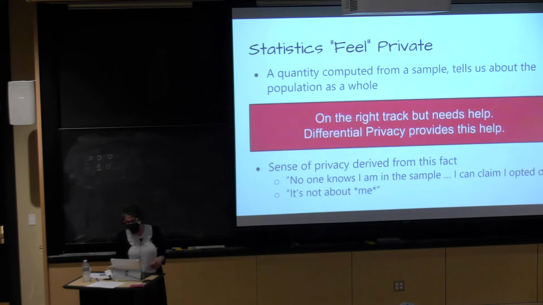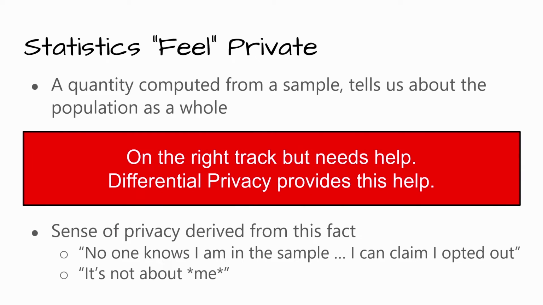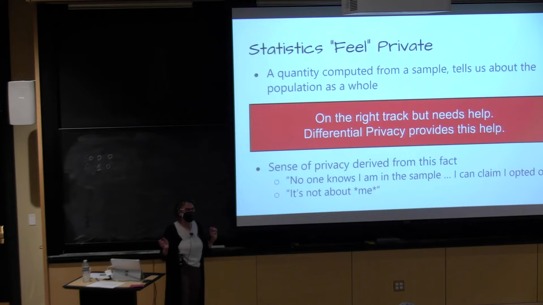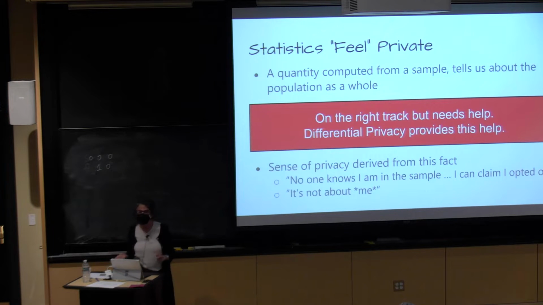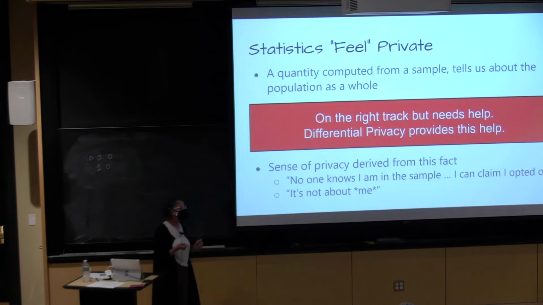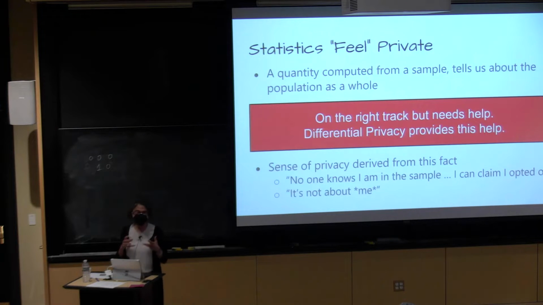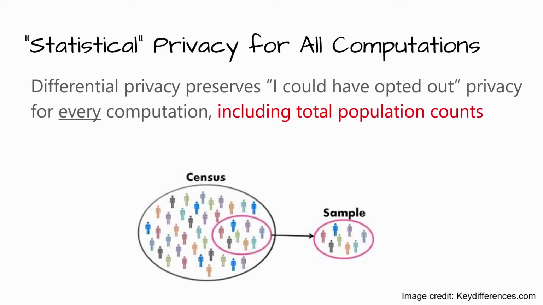Now, so you might say, let's just release statistics, whatever that is. When you have some intuition what a statistic is, and then everything is going to be fine. And oddly, that fails completely, but it is also at the same time on the right track. And so it needs some help, and differential privacy will provide exactly this help.